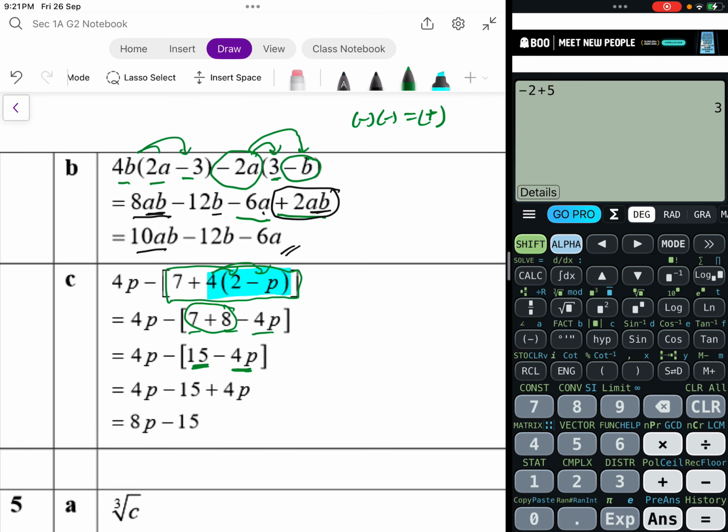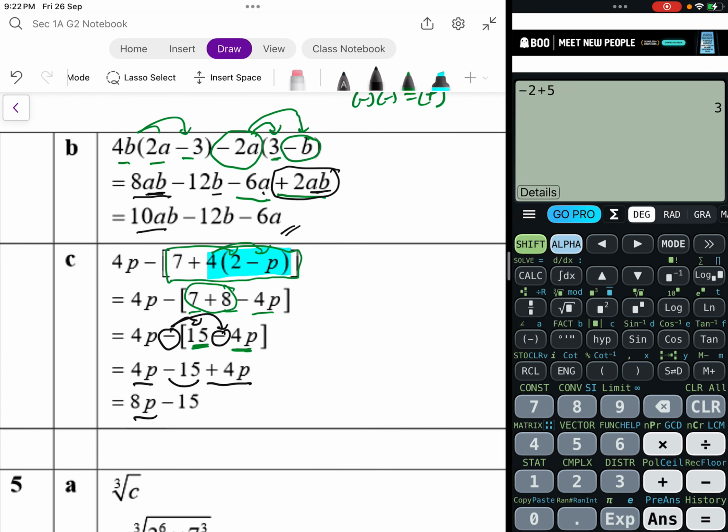Then because of the minus here, minus, positive, minus, minus, minus, plus. Then after that, 4p plus 4p, 8p. Minus 15, no other terms, there's a number, so minus 15 bring down.